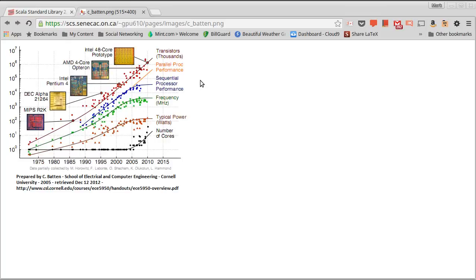So, I should also note that even if you aren't going for high performance, so maybe you're writing some other application that isn't supposed to be crunching a lot of numbers or processing lots of data, there is still a reason for you to want to do multi-threading. And that is because programs that are multi-threaded are typically more responsive.